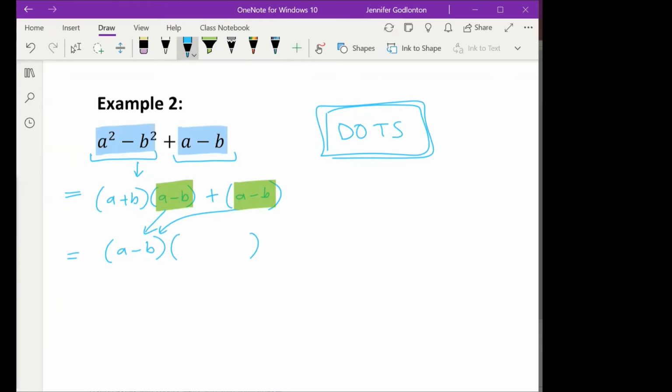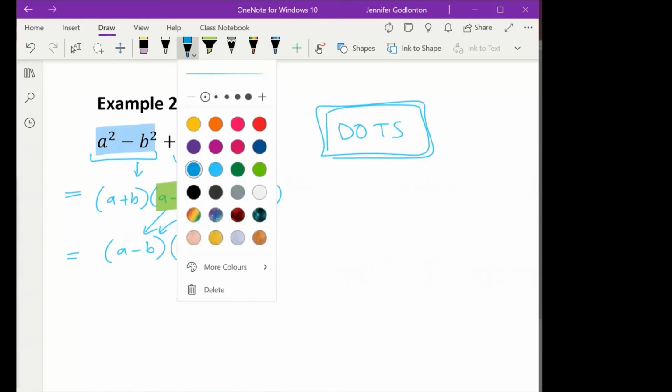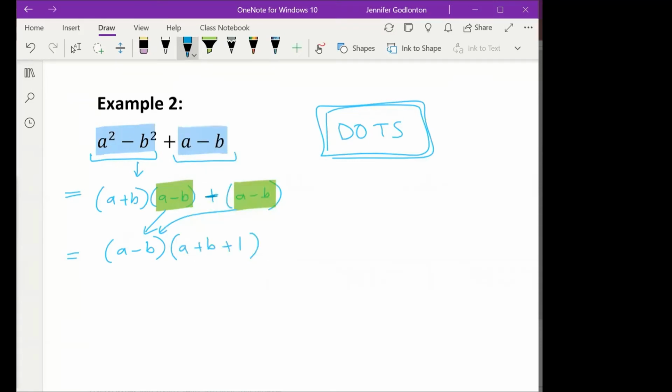In your second bracket, it will be A plus B plus 1. Yes, the one. That is fantastic. We can't forget about the sneaky one that's chilling over here. Remember, there's a plus sign, and if there's just a plus and we haven't got anything else to write, remember there's a 1. There's that sneaky one, and we can't forget about that one. And so that is what our final answer lands up being.